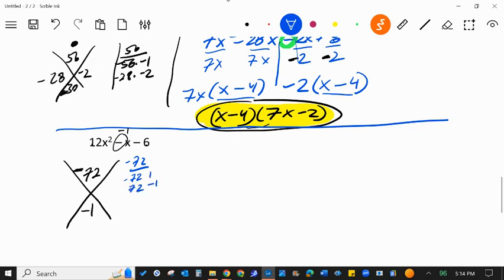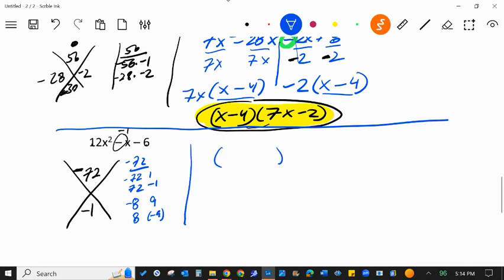And I can do that all day with those. So if I keep doing different numbers, I'm going to ultimately see, let's see, 8 times 9. So 8 times 9 makes 72. If I make the 8 negative, it's a positive 1. But if I do 8 and negative 9, I get a negative 1. Well, that seems to work okay.